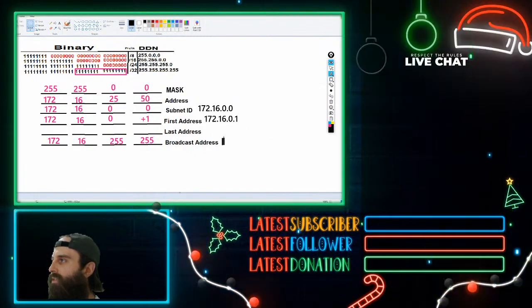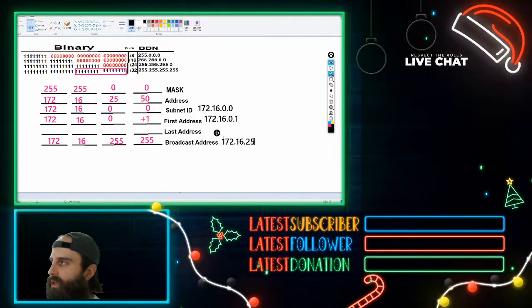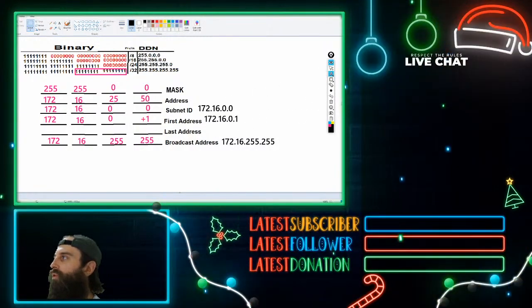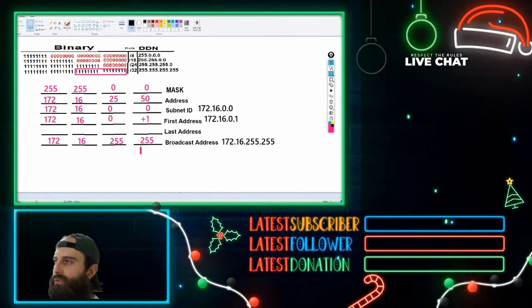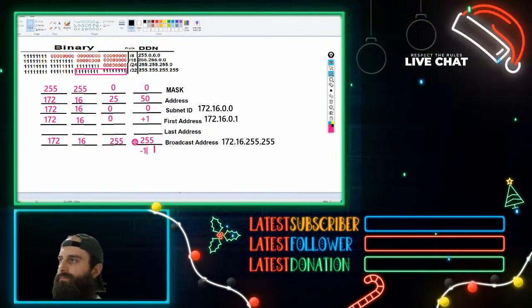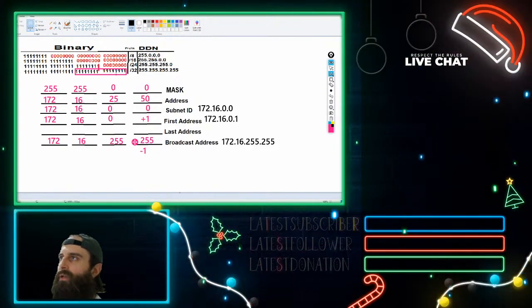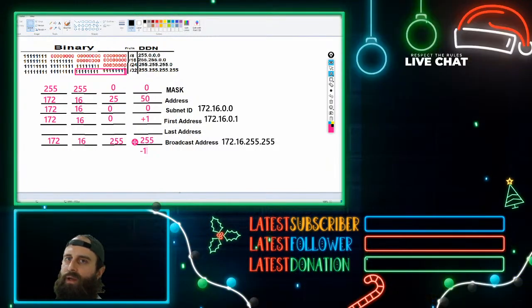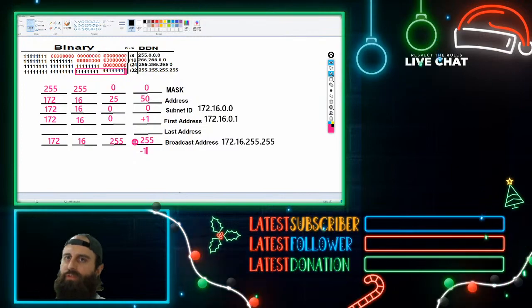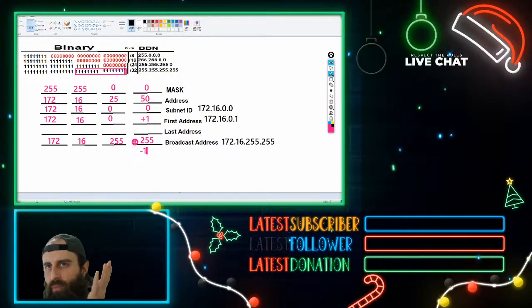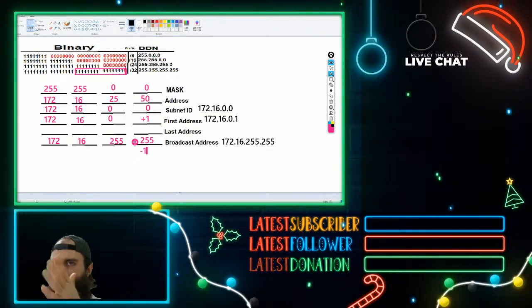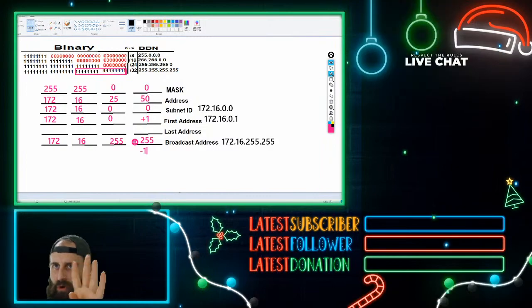This is our broadcast address, 172.16.255.255. Now, to find our last address within that range, all we have to do is minus 1. We have to just take away 1. All we're doing is taking away the very last binary 1 in the last octet. Remember there's 4 octets.